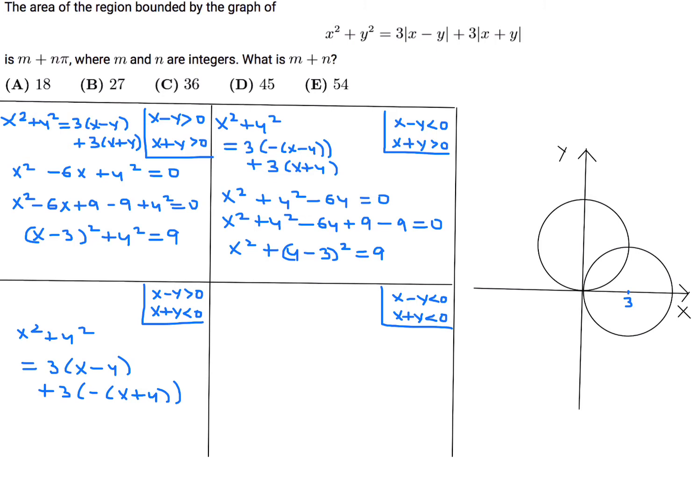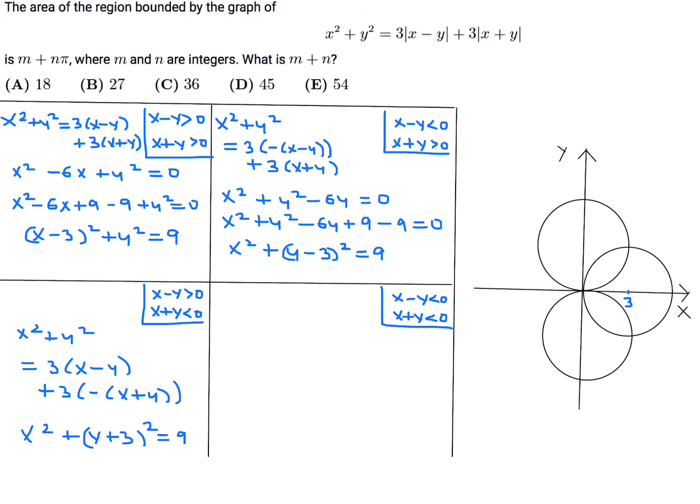When you collect like terms and expand, since you're an expert, I'll just write the final version. It becomes this. That is a circle again. This time the center is 0 for x and negative 3 for y. And I think that's going to be down here. So something like this.